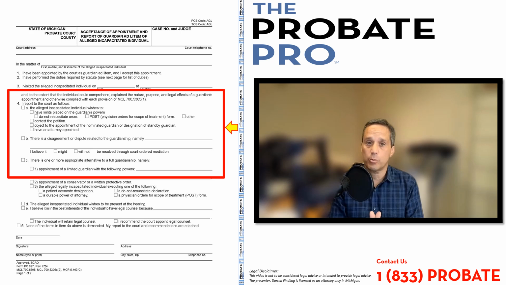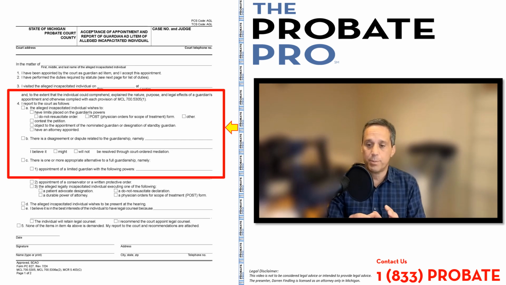4 indicates you're reporting to the court about whether the individual has communicated, whether they want any limitations on the guardian's powers if the court were to appoint a guardian, whether they are agreeing to a do not resuscitate order. There's a specific provision of the Michigan statute that addresses the DNR requirements, as well as physician's orders for scope of treatment.